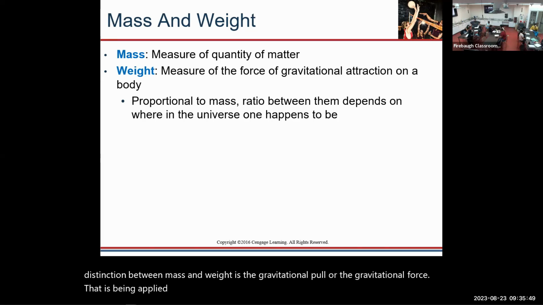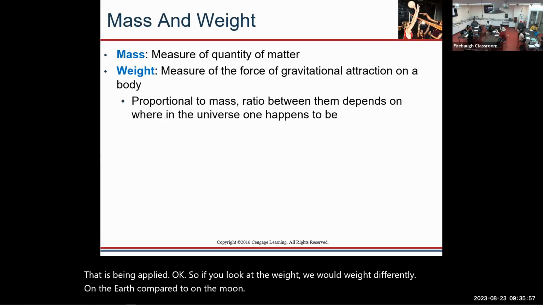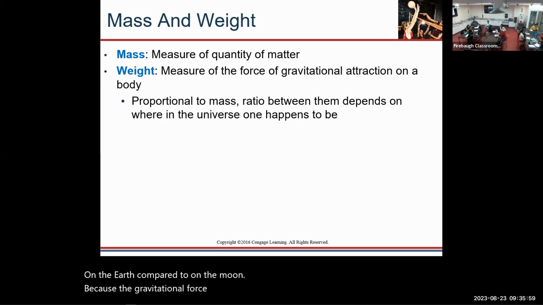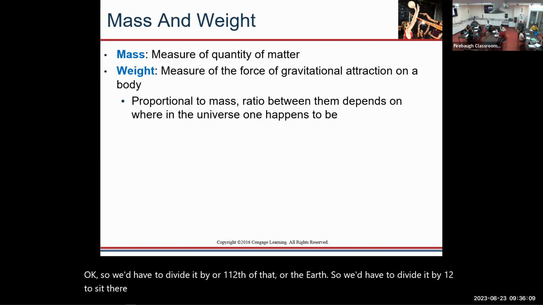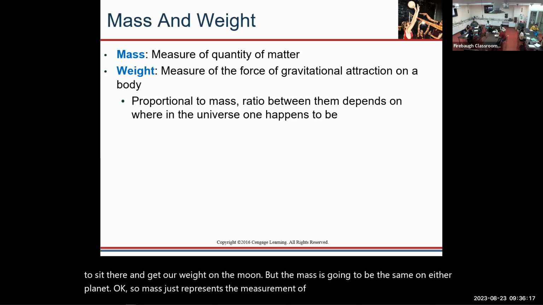So we would weigh differently on the Earth compared to the Moon, because the gravitational force of the Moon is 1/12 that of the Earth. So we'd have to divide by 12 to get our weight on the Moon. But the mass is going to be the same on either planet. Mass just represents the measurement of quantity of matter.